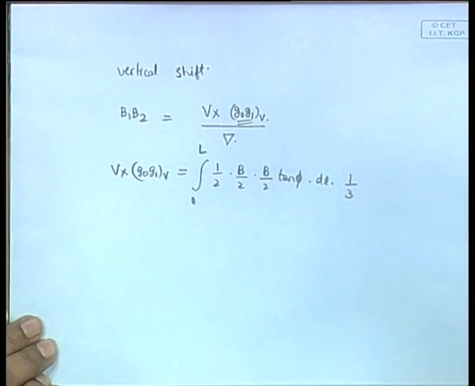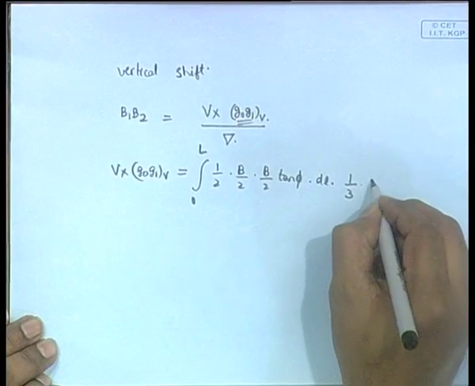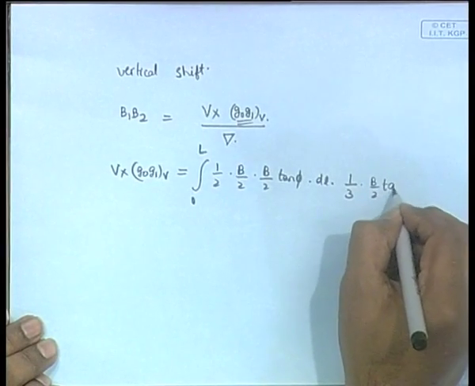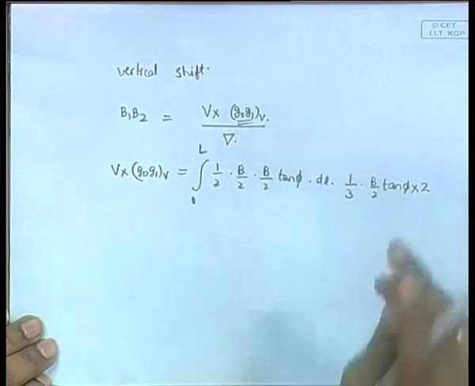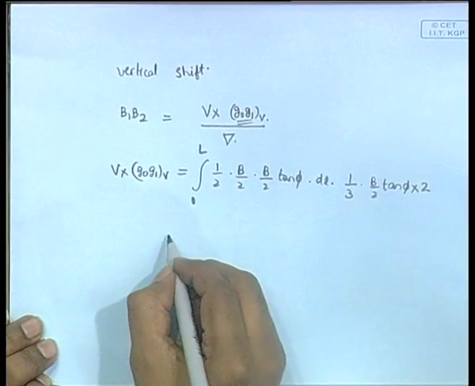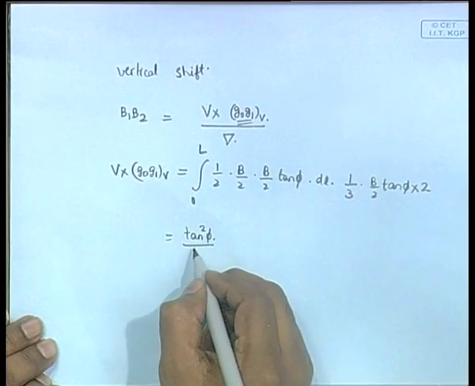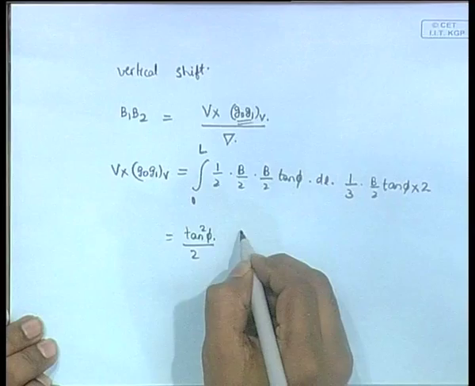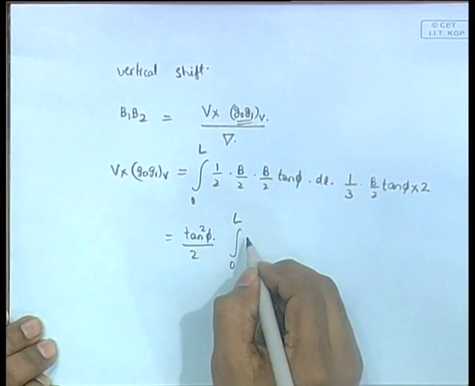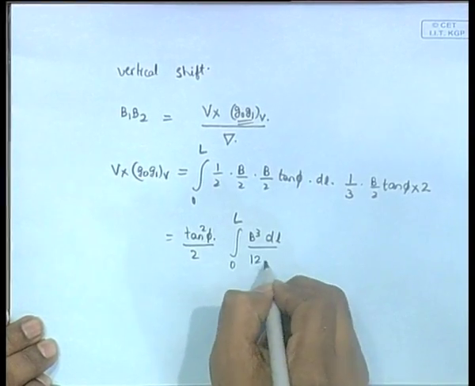Note it will be either 1 by 3 from the bottom or 2 by 3 from the top, either way you look at it, 1 by 3 into b by 2 tan phi into 2, because one is there at the top, one at the bottom, the same distance. So, this becomes tan square phi by 2 integral 0 to L b cube dl by 12.